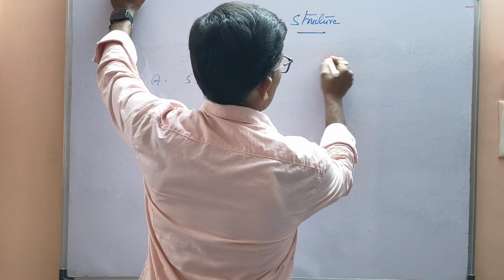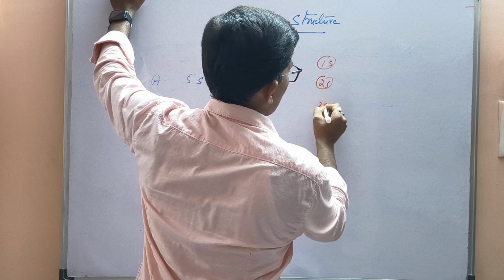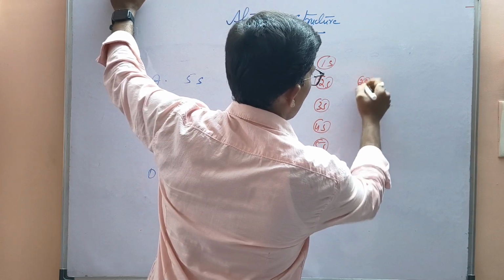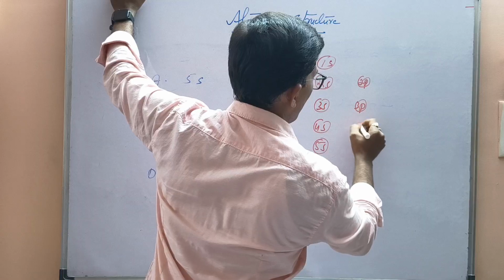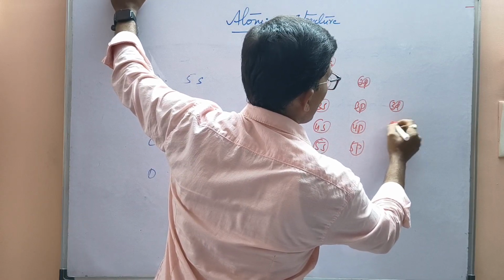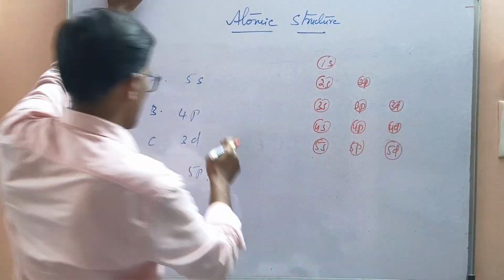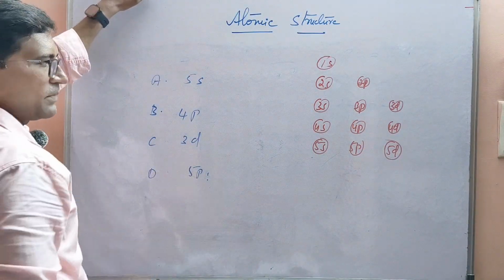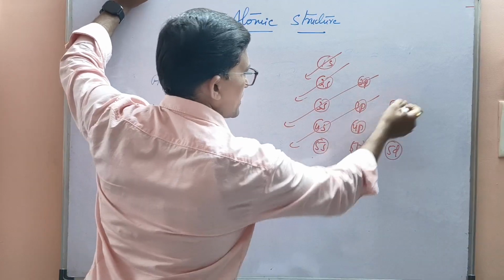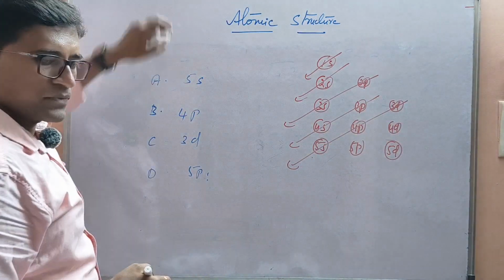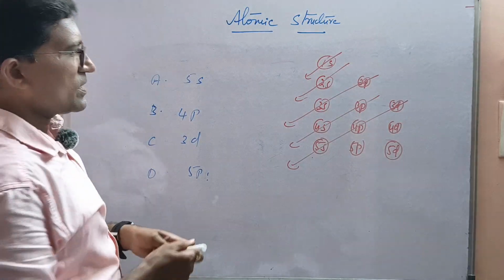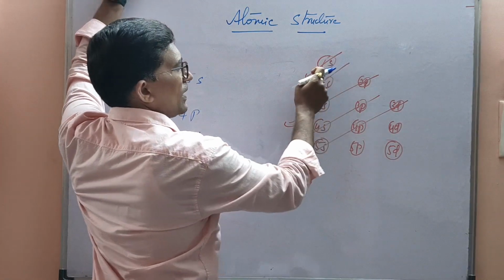In Moeller's diagram, we know 1s, 2s, 3s, 4s, 5s. Here is 2p, 3p, 4p, 5p. Here is 3d, 4d, 5d. That's enough. He has given only 5s, 4p, 3d, 5p. So here it is 1s first, then 2s, 2p, 3s, 3p, 4s, 3d, 4p, 5s. Now the first electron enters the orbital having the least energy.